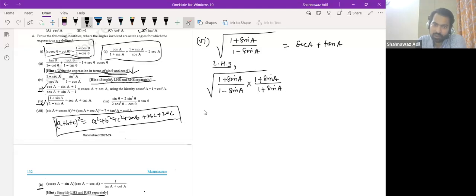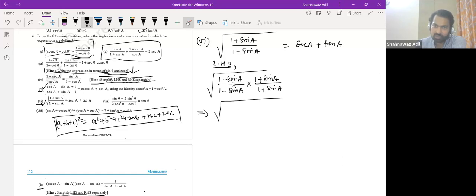So the numerator is what? 1 plus sine A. No, no, numerator.